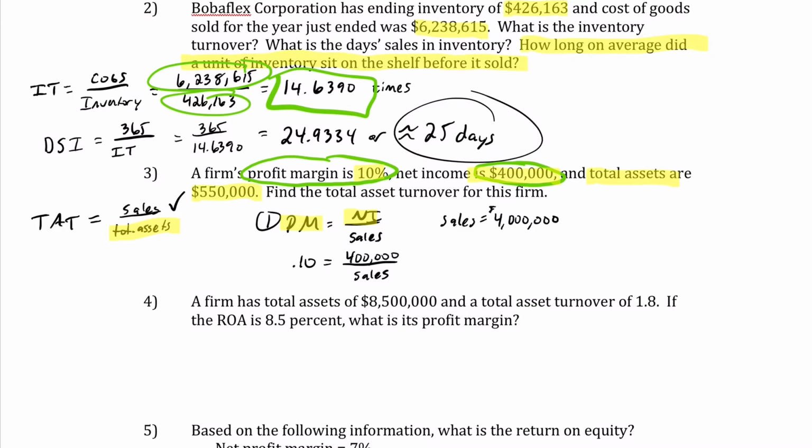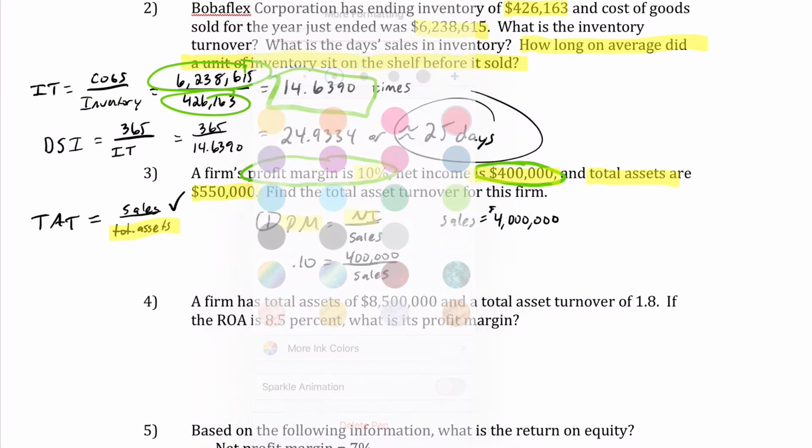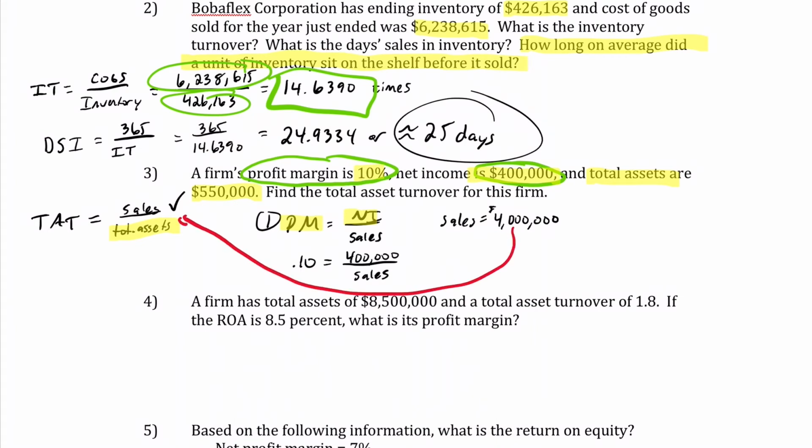That is our last piece needed in order to now solve for total asset turnover. So I input $4 million for sales, divided by total assets of $550,000, and I end up getting a total asset turnover that is equal to 7.27.